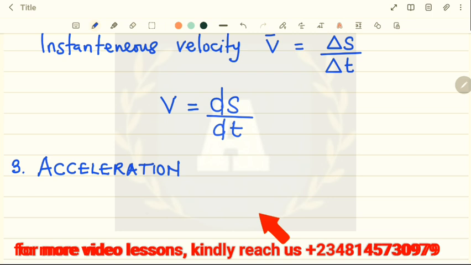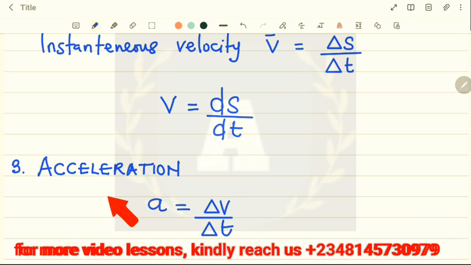Acceleration is the rate of change of velocity, that is the change in velocity all over the change in time. Basically, that is the formula for acceleration: change in velocity over change in time. t is time, v is velocity, and a is acceleration.